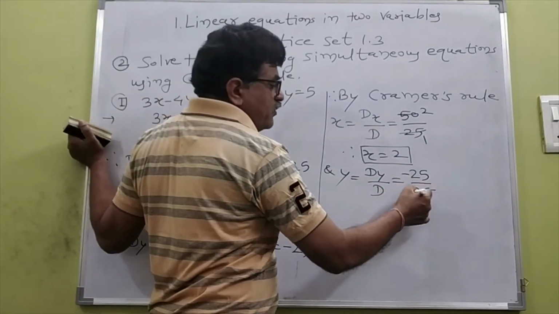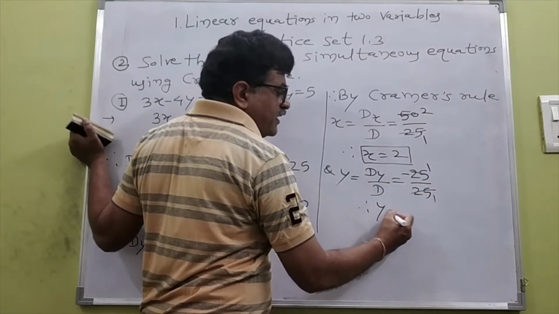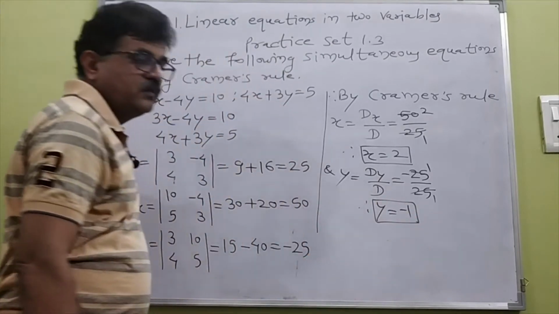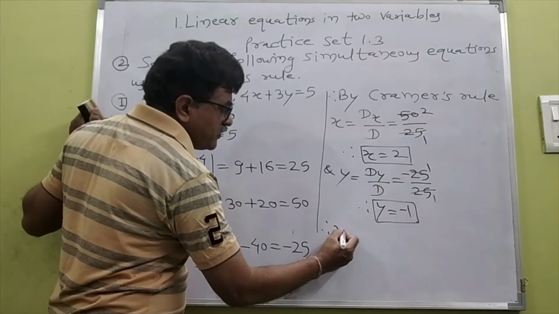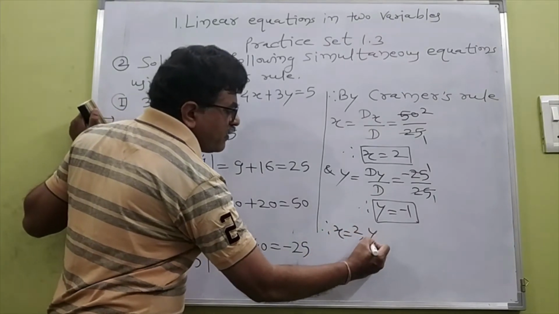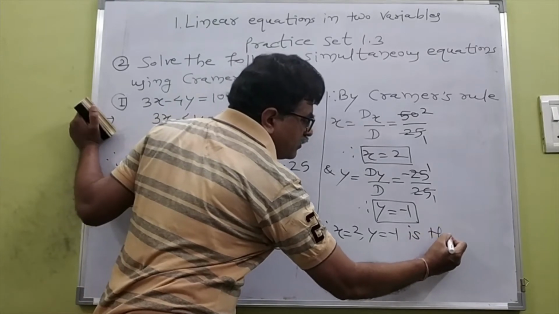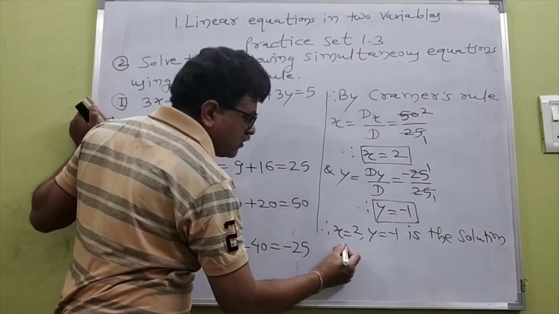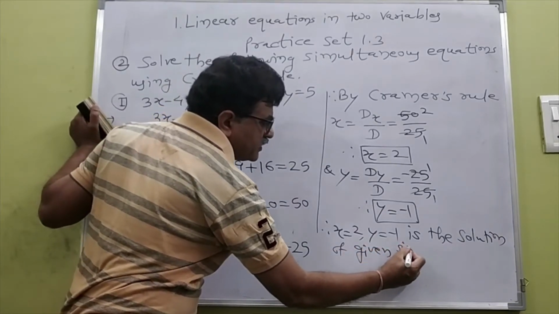Here 25 get cancelled, therefore value of y is -1. Therefore x is equal to 2, y is equal to -1 is the solution of given simultaneous equations.